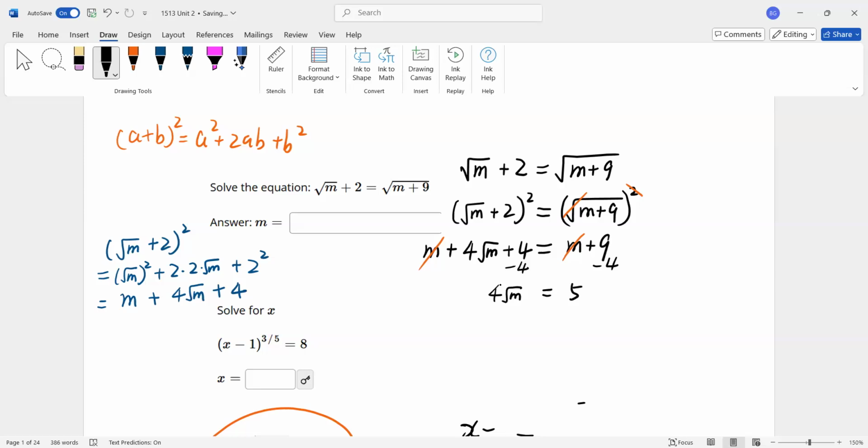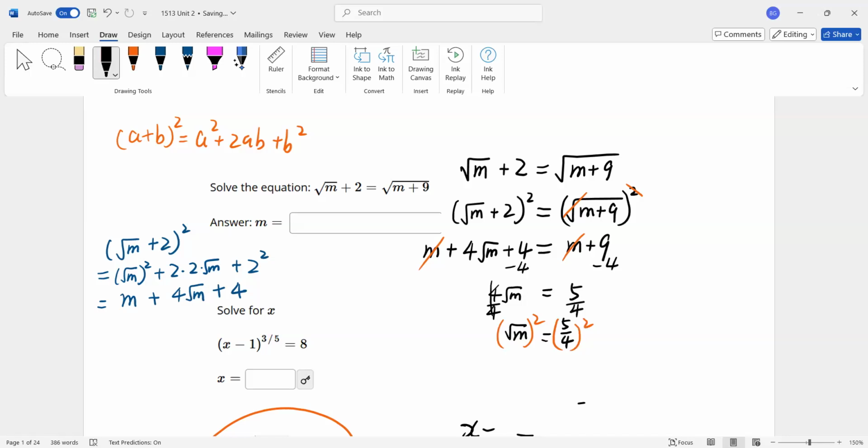And now we're going to handle this radical. We're going to isolate the radical. We have 4 root m equals 5 right now, and then we divide each side by 4. We have the square root of m equals 5 over 4. And then we are going to raise each side to the power 2. That's one of the steps in the procedure, right?